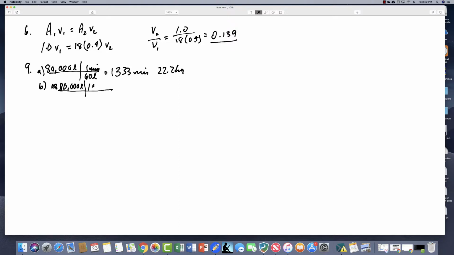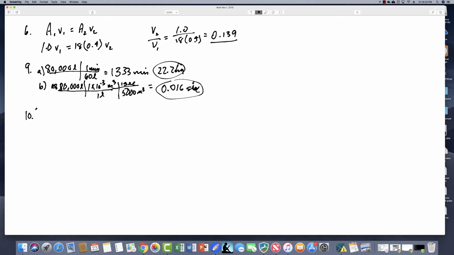You have 1 times 10 to the minus 3 cubic meters in a liter, and then this is flowing at 5,000 meters cubed per second. So it's going to take a grand total of 0.016 seconds to fill the same pool up if you use this river.